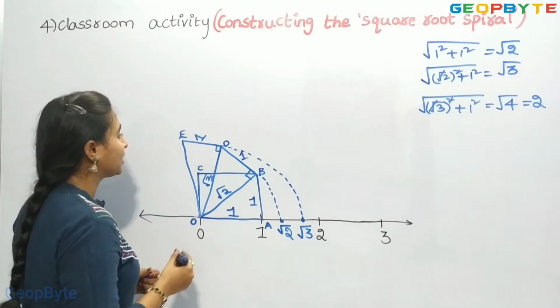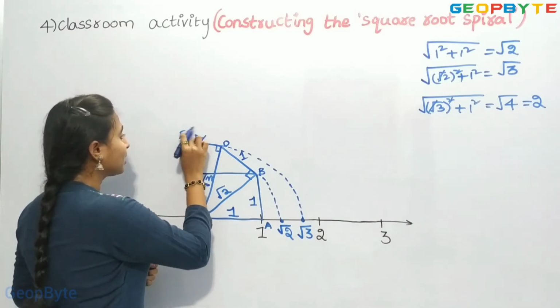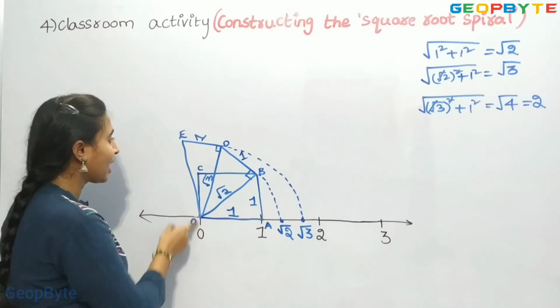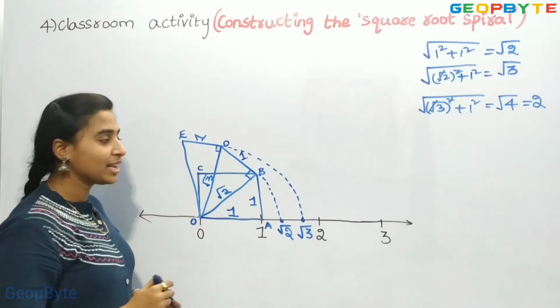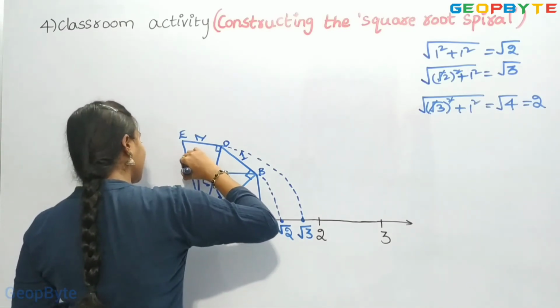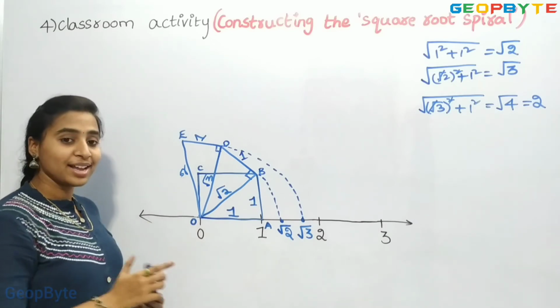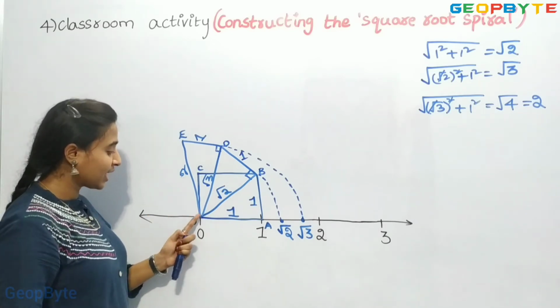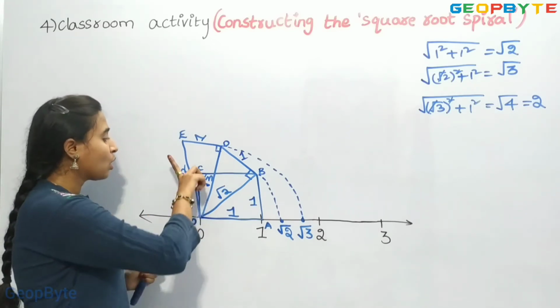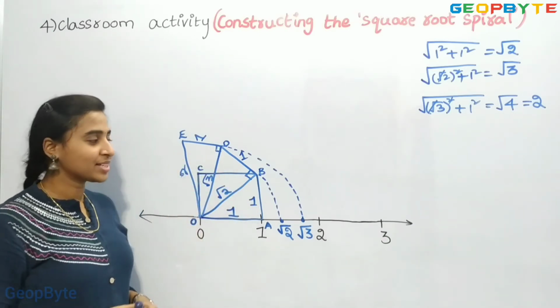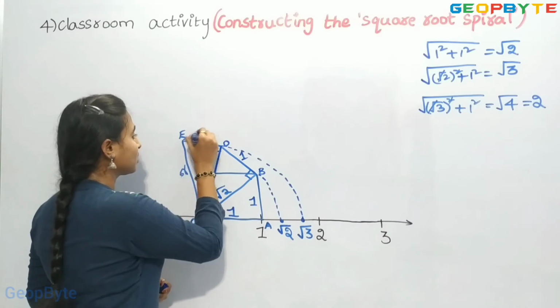So let us draw an arc by taking O as center and OE as radius. As this is 2, let us take O as the center, OE as the radius, and draw an arc with a compass.